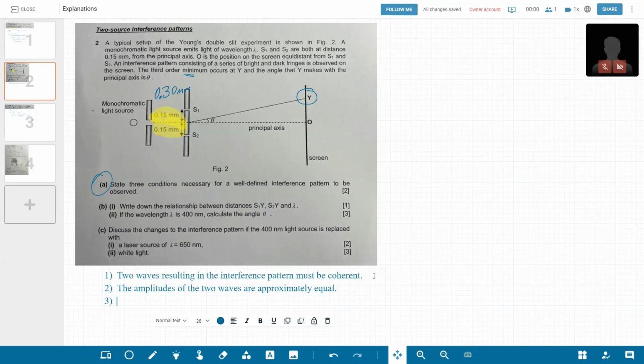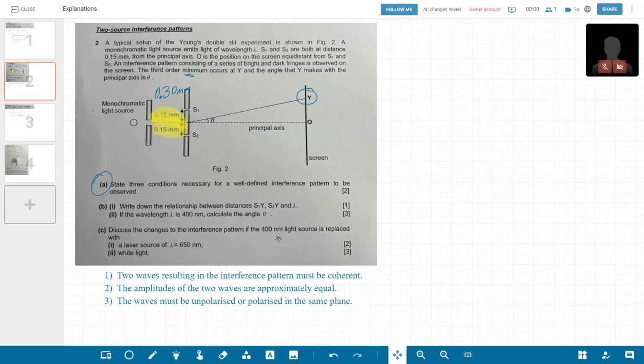And number three, because in this case it's a light source, an EM wave, it's a transverse wave, the third condition is that the waves must be polarized in the same plane. So it's always these three.